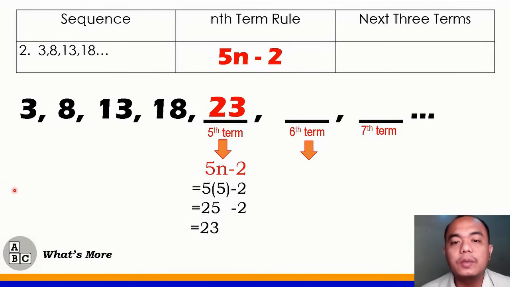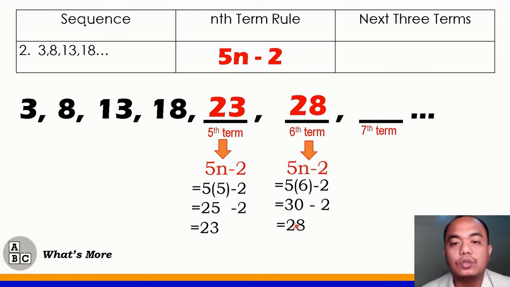Next is we have the 6th term. For the 6th term we still use 5n minus 2, and then we replace n by 6. Ang 6 nagre-represent ng 6th term. Ang 5 times 6 is equal to 30. So 30 minus 2 equals 28. So 28 is our 6th term. And then we solve for the 7th term by using our n term rule, which is 5n minus 2.